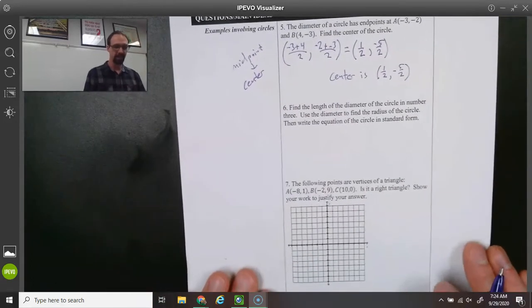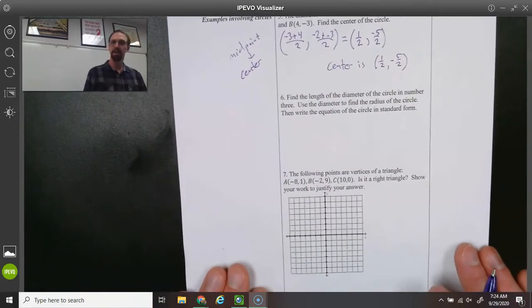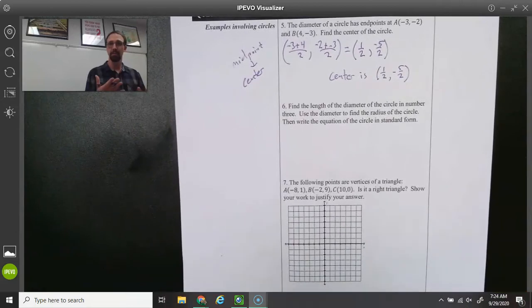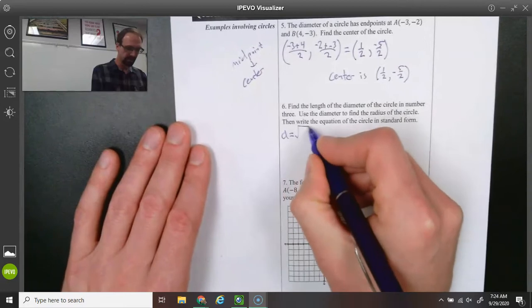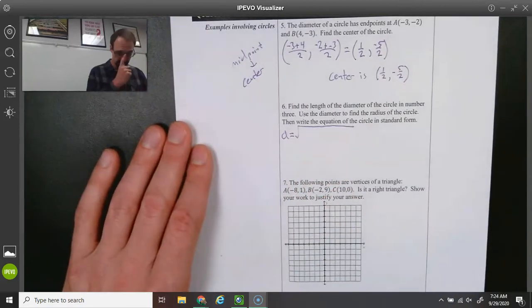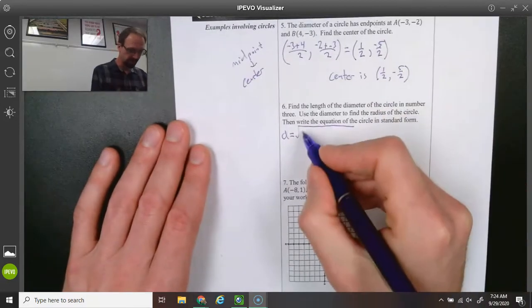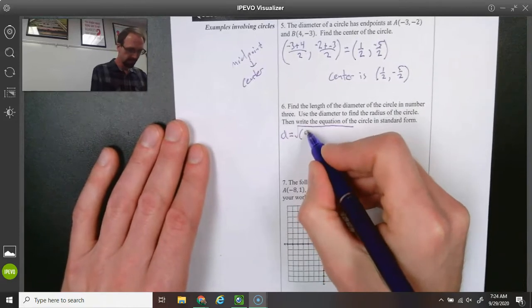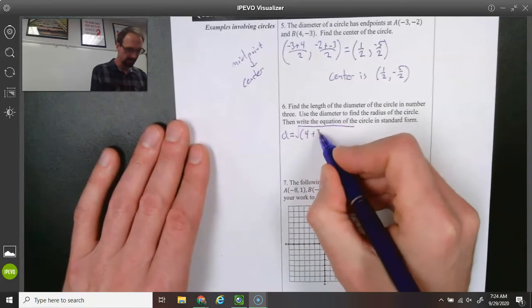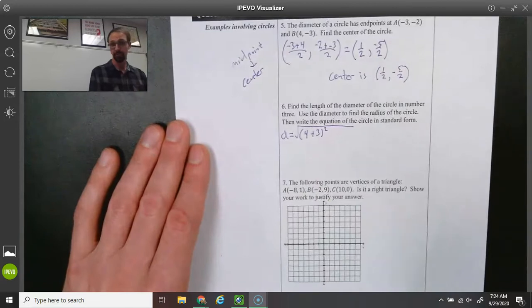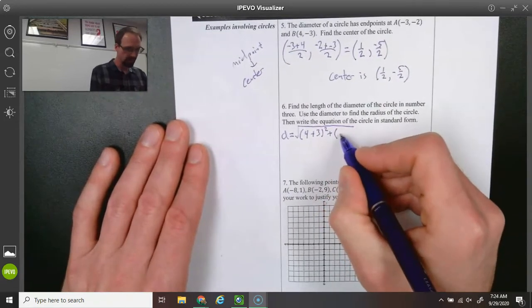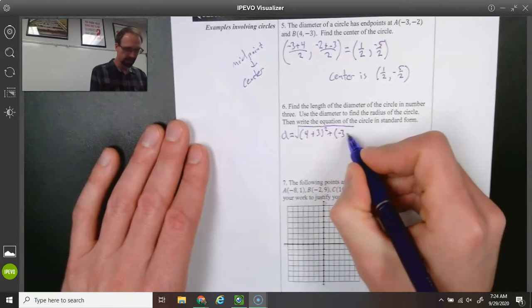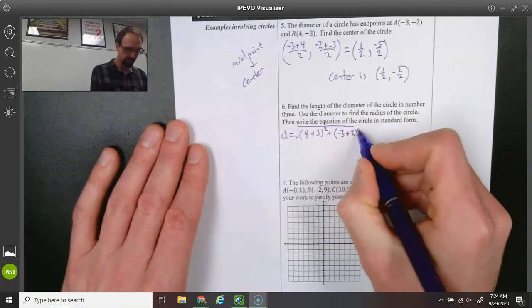Find the length of the diameter of the circle in number 3. If I wanted to find the length of that, we're going to use the distance formula. So d equals the square root of 4 minus -3, so 4 plus 3, plus -3 minus -2, so -3 plus 2, squared.